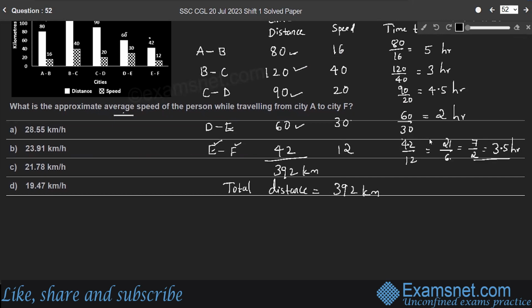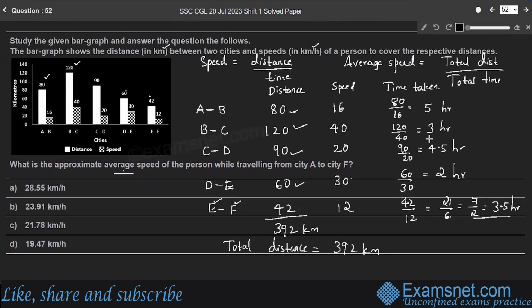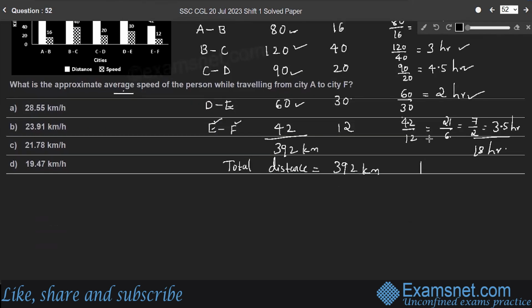For that, what's the total time? 5 plus 3, 8 hours. 8 plus 4.5, 12.5 hours, 14.5. Then 15 plus 3, 18 hours. Therefore, total time is 18 hours.